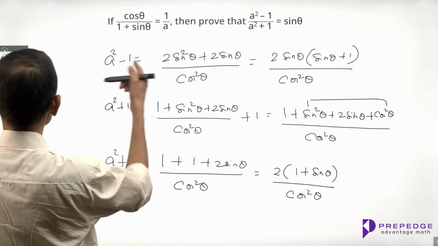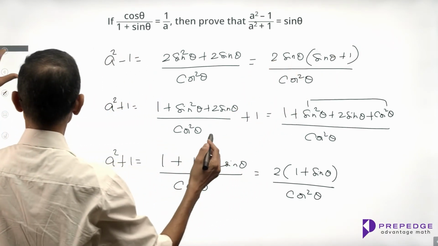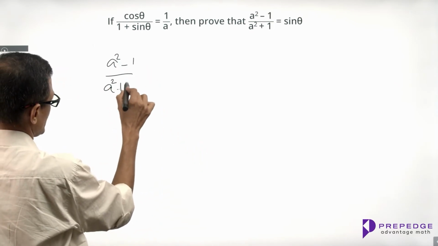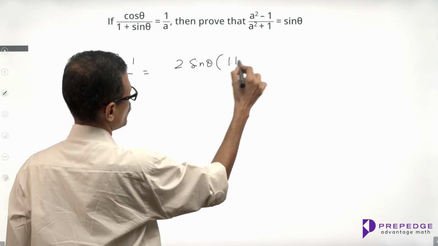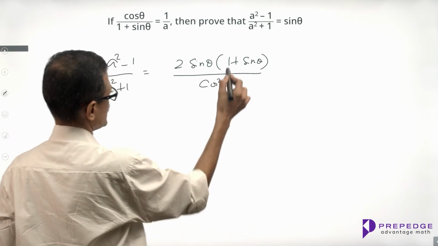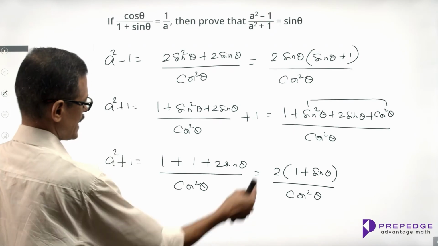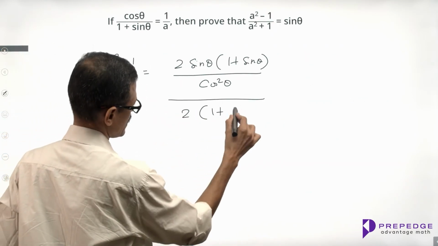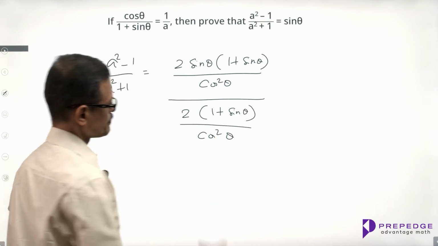So a square minus 1 by a square plus 1. a square minus 1 is 2 sin theta into 1 plus sin theta ன்னு எழுதிக்கலாம். So a square minus 1 by a square plus 1 is equal to 2 sin theta into 1 plus sin theta by cos square theta. இது வந்து this is the value of a square minus 1. a square plus 1 ஓட வேல்யூ வந்து 2 into 1 plus sin theta divided by cos square theta.